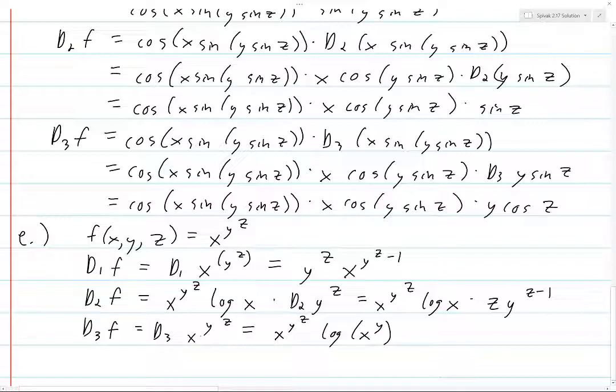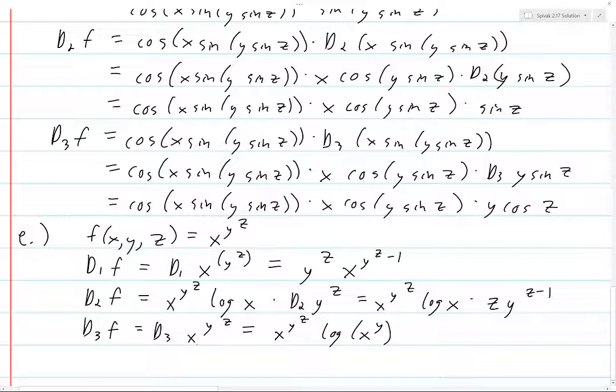Then that would be y to the z times that. No, the first part I think is okay. This part I don't think we're able to do this here. So it's x to the y to the z. Right, because it's x being raised to the power of y to the z, and y to the z is a number there, so that's fine.